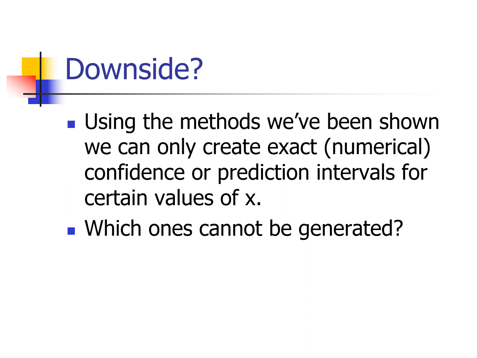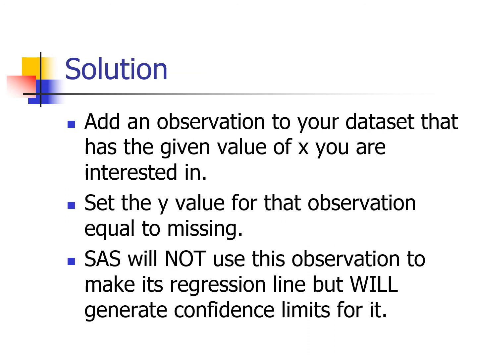So what do we do? Well, the process works like this. You add an extra observation. So we had 99 observations. We're going to add a 100th observation. The 100th observation has the value of X that we're interested in, say 18.